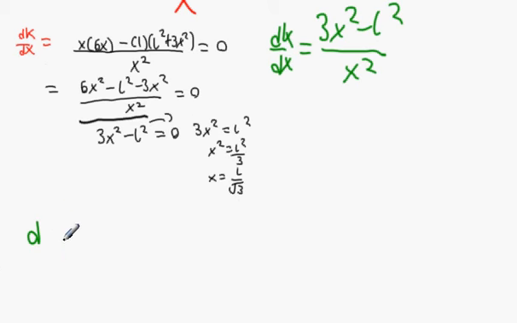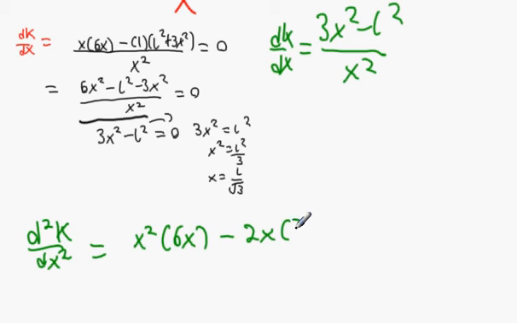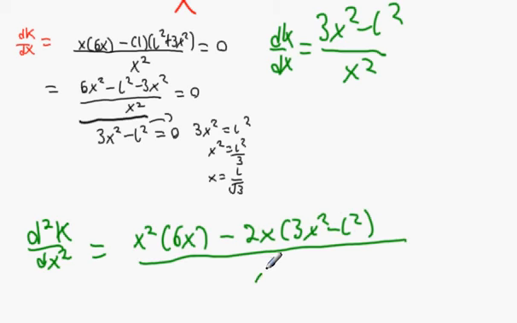So to get the second derivative, d2K/dx squared, we're going to differentiate it a second time. So we're going to have x squared multiplied by, what's that going to be, 6x. And then we're going to have minus 2x multiplied by 3x squared minus L squared, all divided by x squared squared, which is x to the power 4.